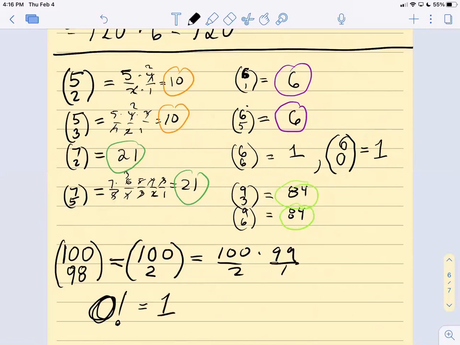So this is where the factorial symbol kind of breaks down. The number of arrangements of no objects is just 1, where you don't have any object, you just have nothing. But it's not that we have nothing, it's we're counting 1 way of having nothing. That's what it's all about.